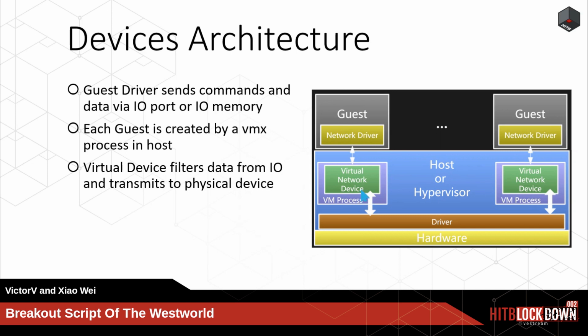Each guest network driver communicates with the virtual network device directly by I/O operations, including I/O ports and I/O memory, and each guest is running in a different VMX process. As you can see, the virtual network device filters data from the guest driver and sends it to the physical driver.